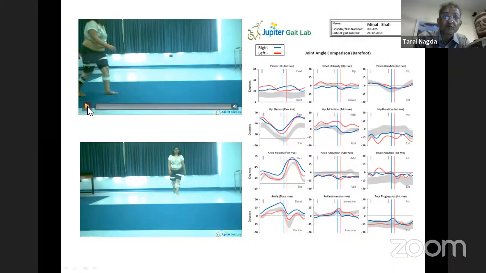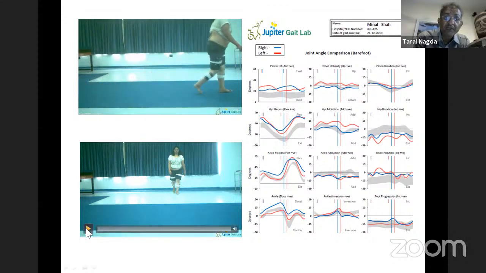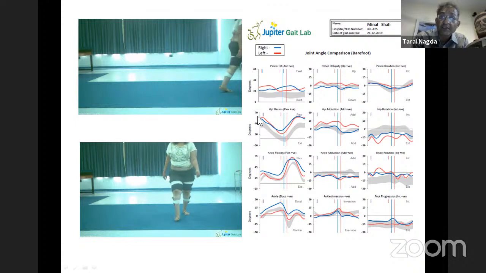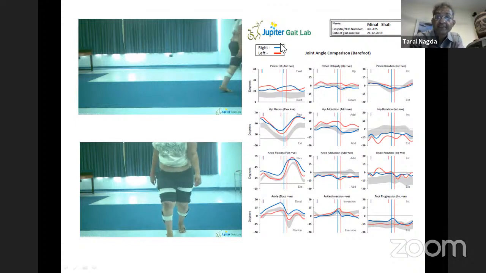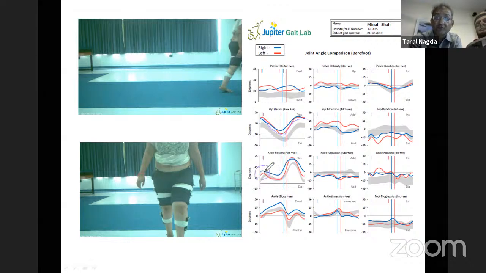So this is a child who's walking, and it's very difficult to make out with the naked eye whether the hip is in flexion or not. But you see in this child, she's walking with the hip flexed, and it's very important to realize that in this patient, the hip flexion, you can see the hip is flexed on left and right, has given rise to increased knee flexion in the beginning of the stance phase.